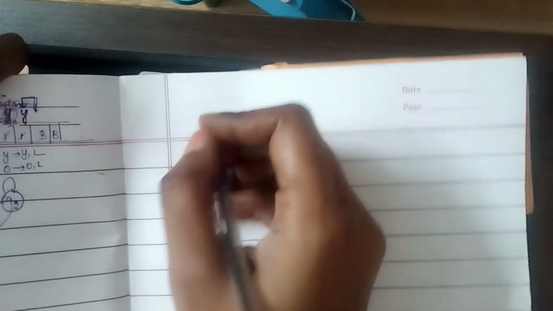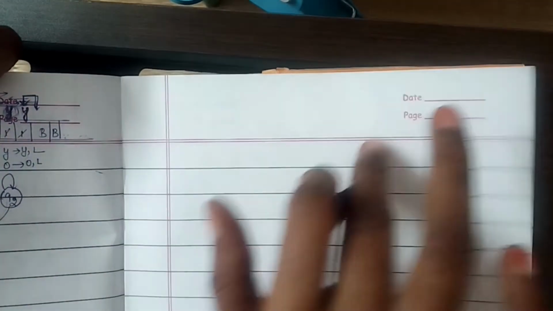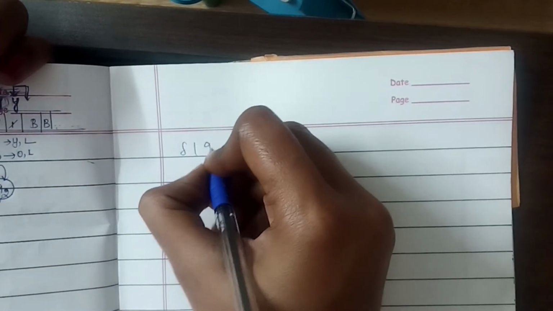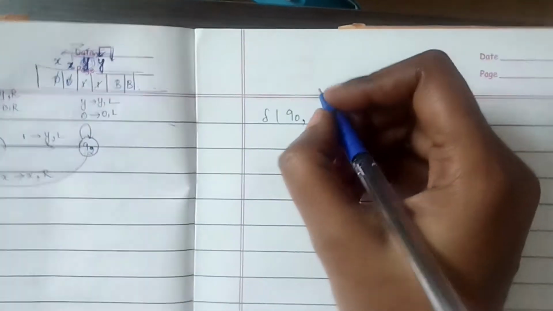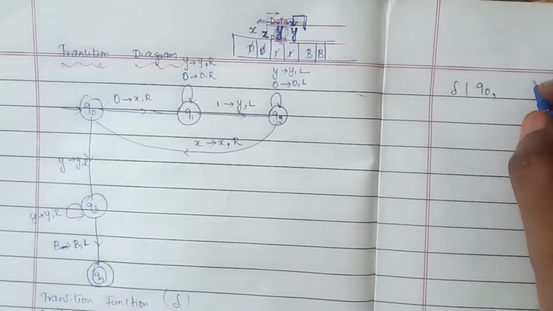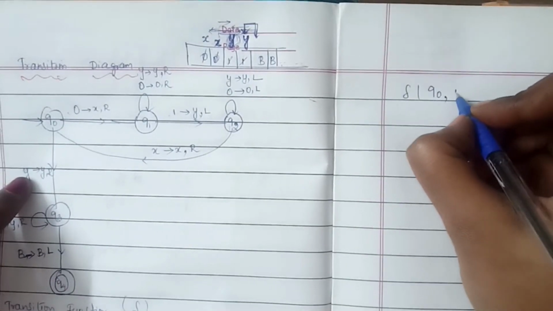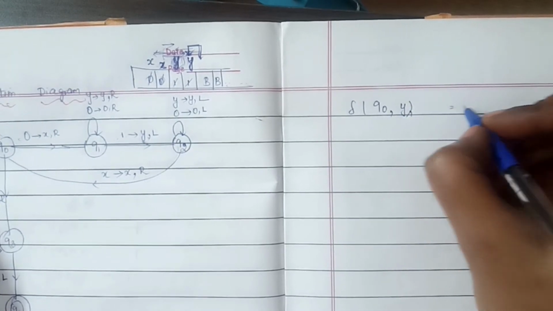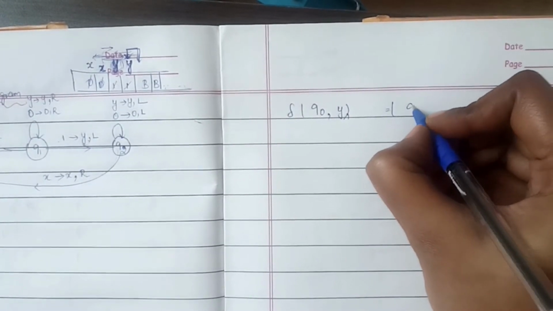Okay, after that we'll have q0. See this diagram, on Y we'll have this q3.